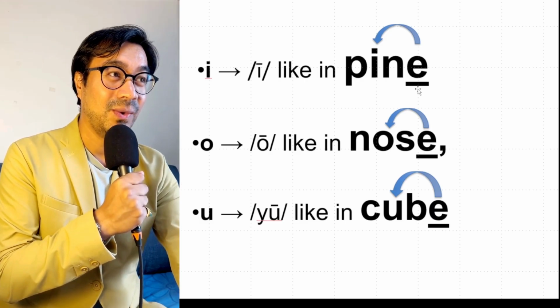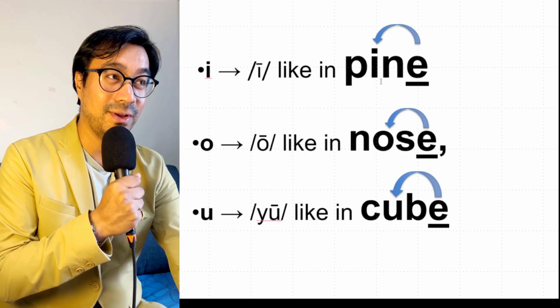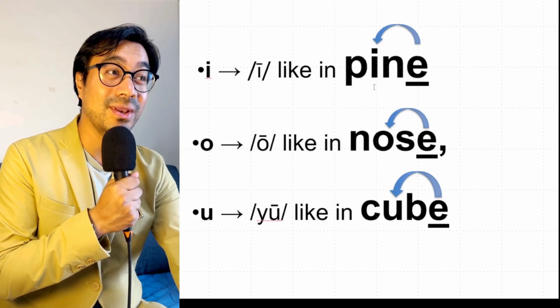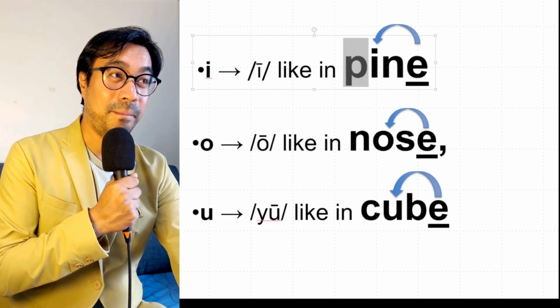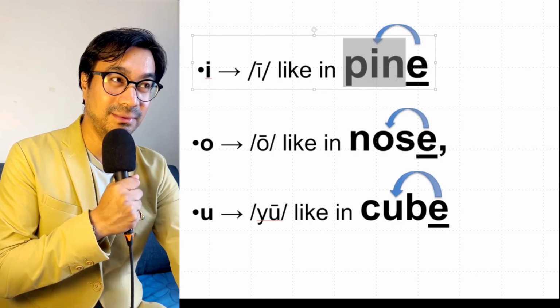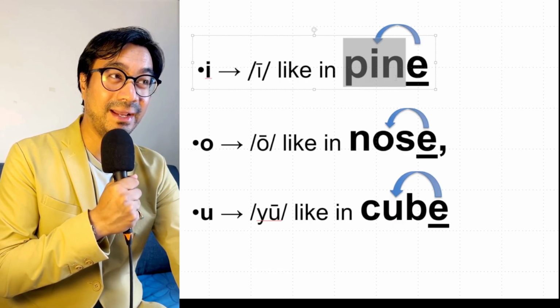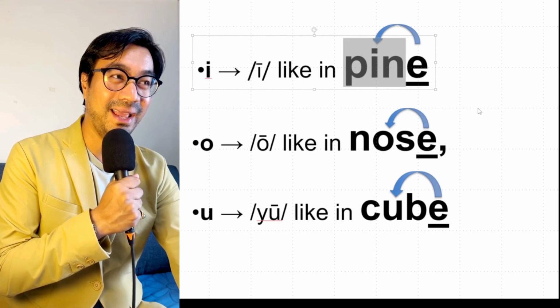And this E will change the vowel before it to say its own name, that is I. So what's the word? P, I, N. Pine. That's good. So E will be silent.